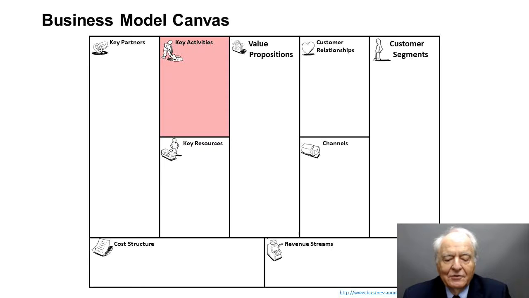And the value proposition, that is essentially what are the benefits you deliver to your customers. And key activities are going to be those things that contribute to how you deliver. So remember, the value proposition is what you deliver, and the key activities are how you do it.